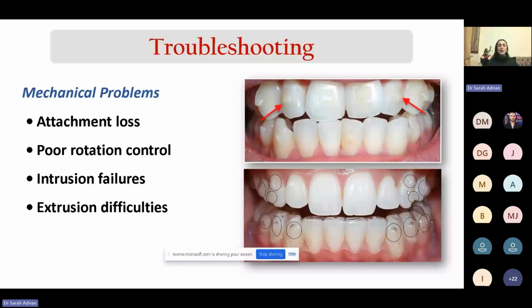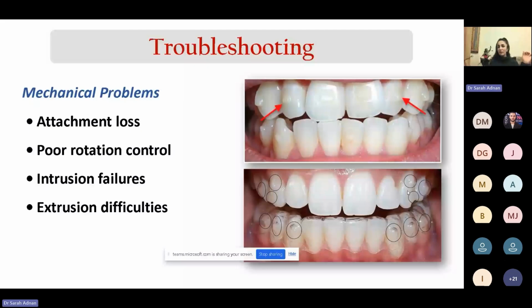Attachment loss will lead to a mechanical problem, so it should be addressed as soon as possible. It will lead to poor rotational control if the attachment design is inappropriate, or the attachment is lost or abraded. The teeth will not move effectively as planned, reducing the treatment efficiency.